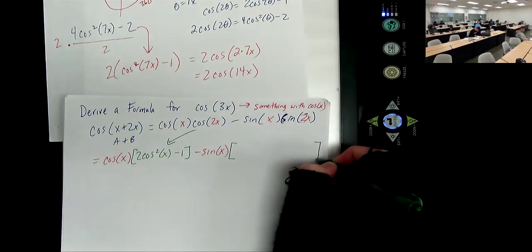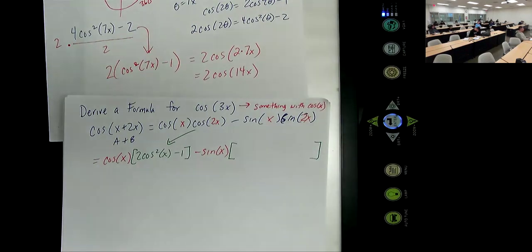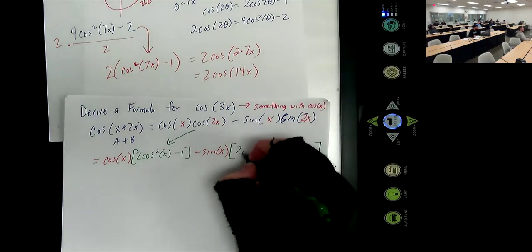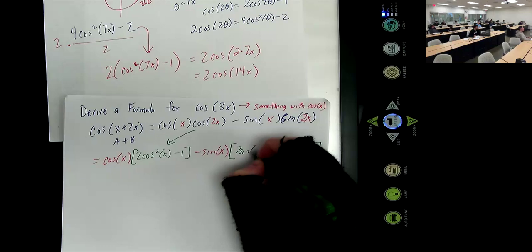What's its formula? It is 2 sine x cosine x.